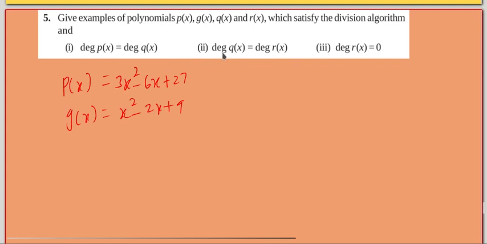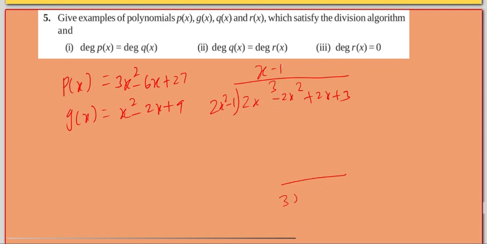Come to the next one. Degree of q of x and degree of r of x must be equal. So like that we have to take polynomials. If we take the polynomial 2x cube minus 2x square plus 2x plus 3 and divide by 2x square minus 1, we will get quotient x minus 1 and remainder 3x plus 2.